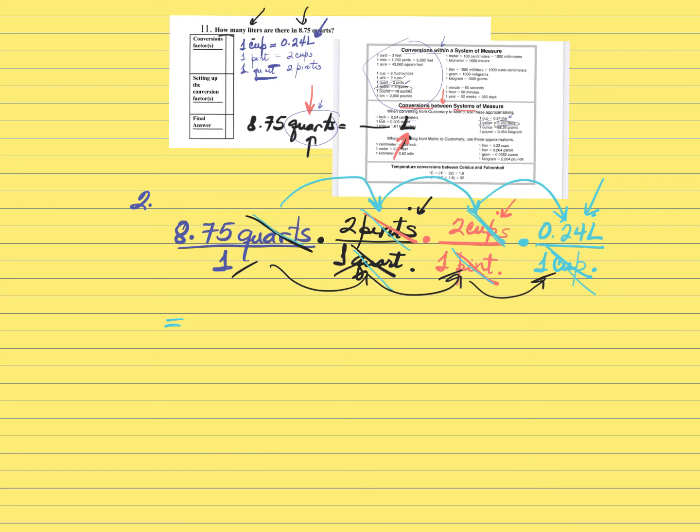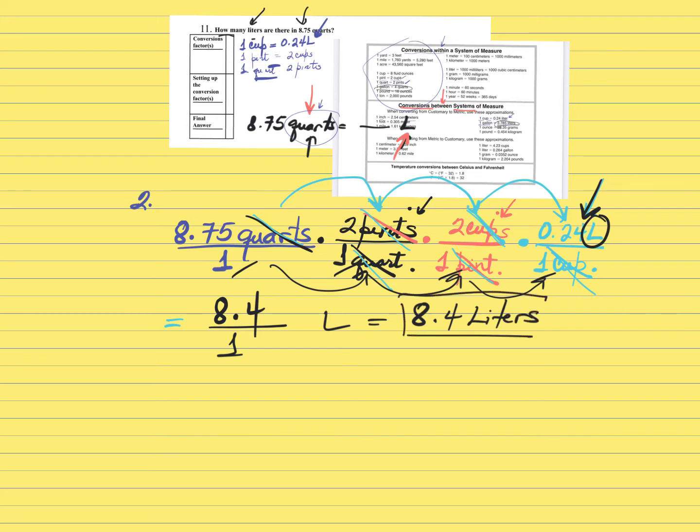Now, solving this, I know that my denominator is 1. I know that the unit of measurement that is left is liters. Now I'm going to multiply 8.75 by 4 and then by 0.24. After multiplying all these numbers, I got this. 8.4 liters.